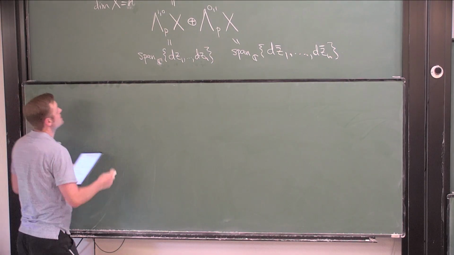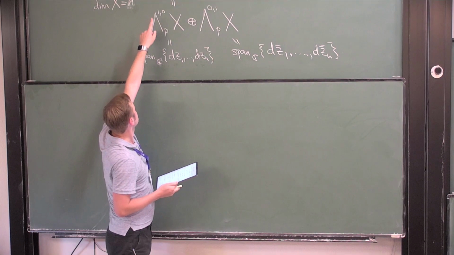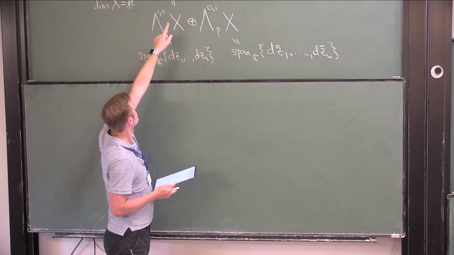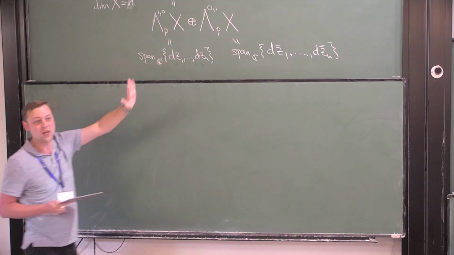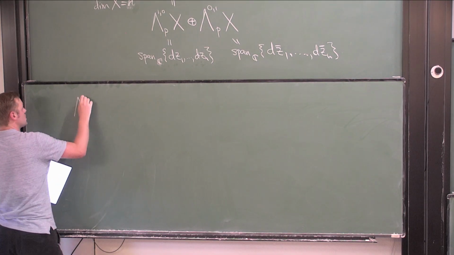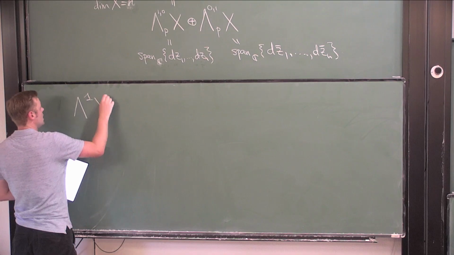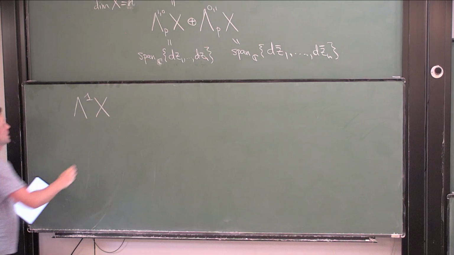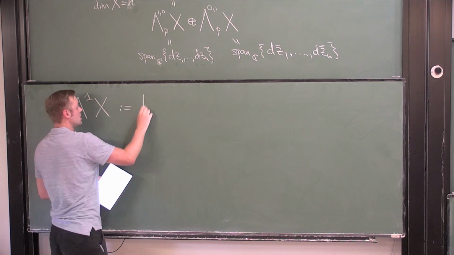Right. So these vector spaces, lambda 1 p of x, with these decompositions, we can put them together into a vector bundle over x, which I'm now going to call lambda 1 x without the subscript p. So what this is really is the bundle of these spaces.